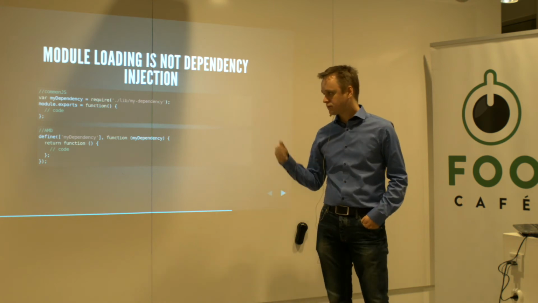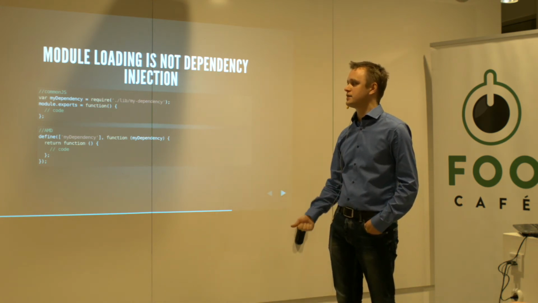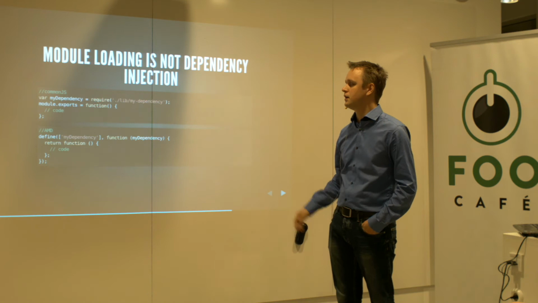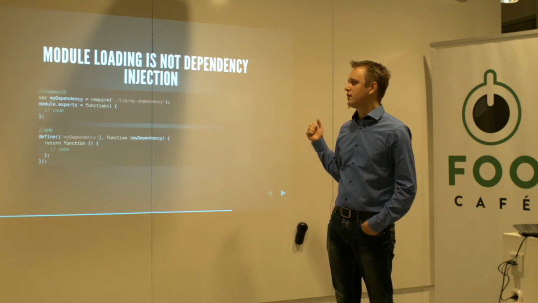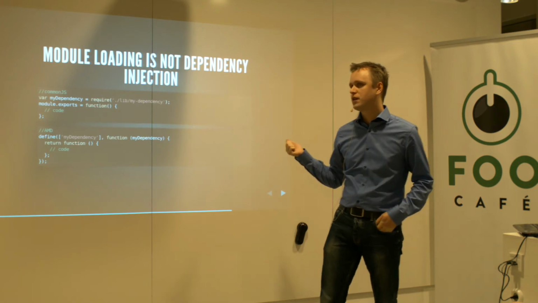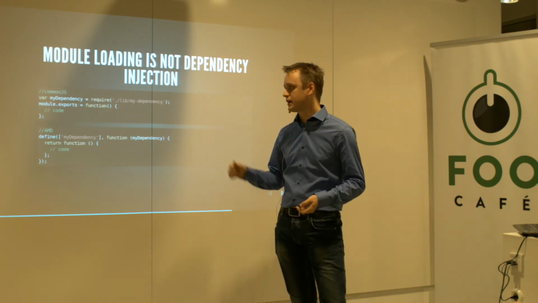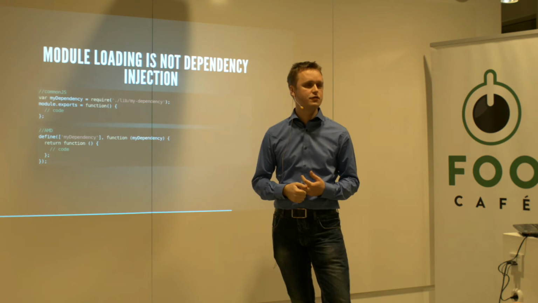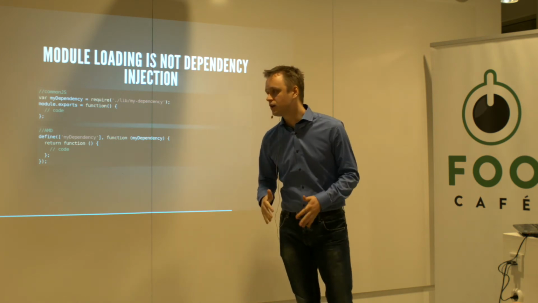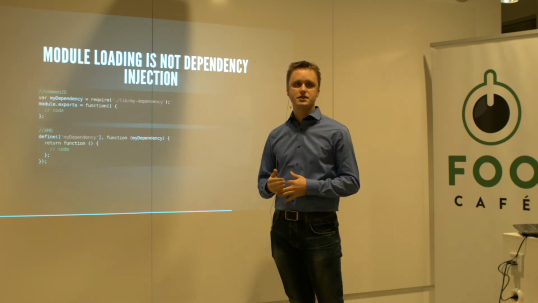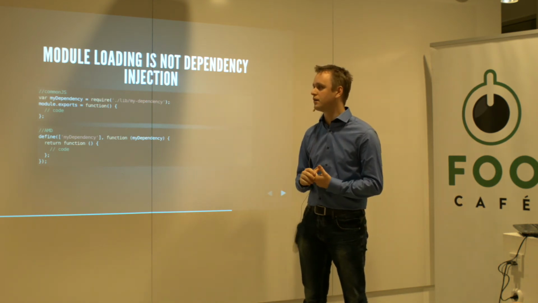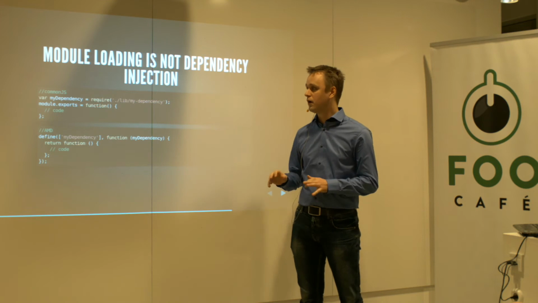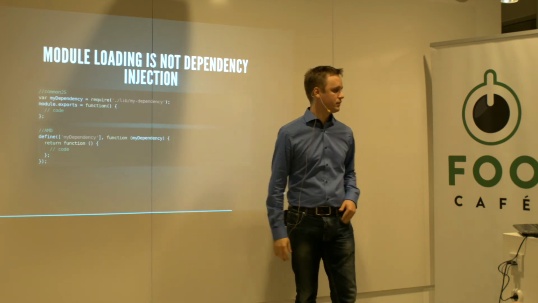But it's only good for loading files. In both these two common examples, we have the notion that a module is a file. It explicitly says in the Node documentation, if you read it, that in Node.js, a file and a module are the same thing, kind of. There is one module per file, and a module is only defined in one single file.